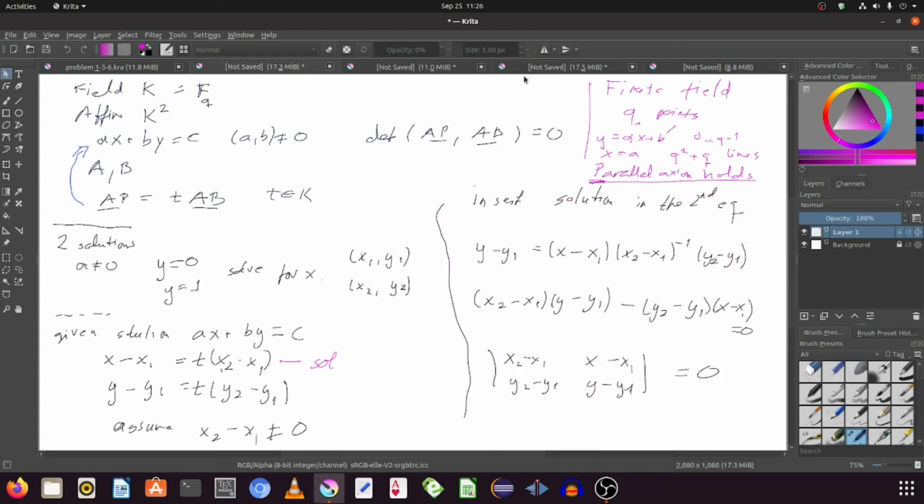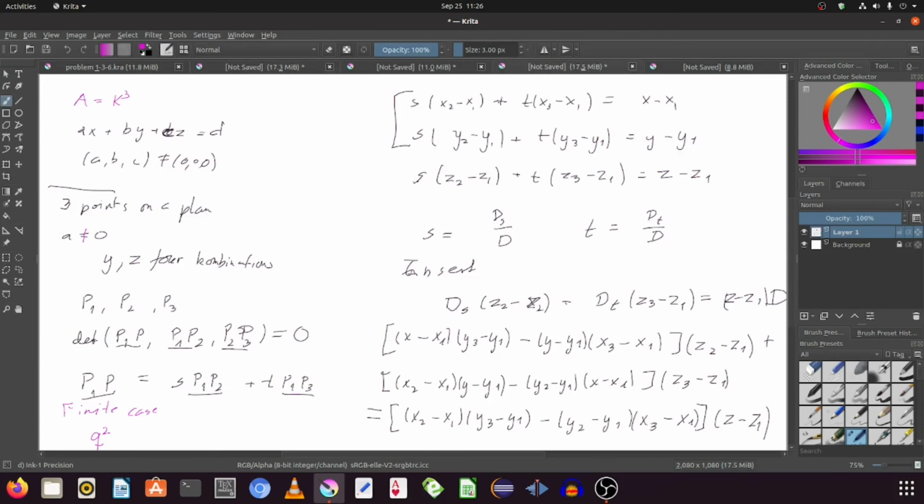Well. Now, in the other case, this three-dimensional space, we have q to the third points. Well, you can do it yourself. It's not really interesting, I think.